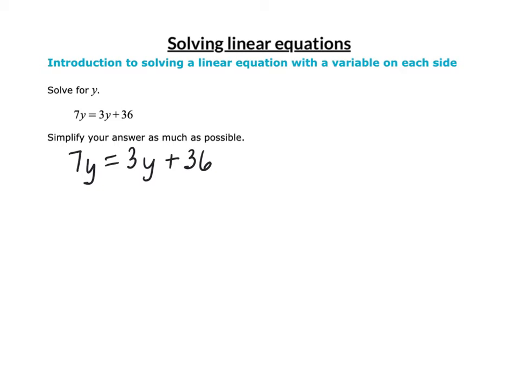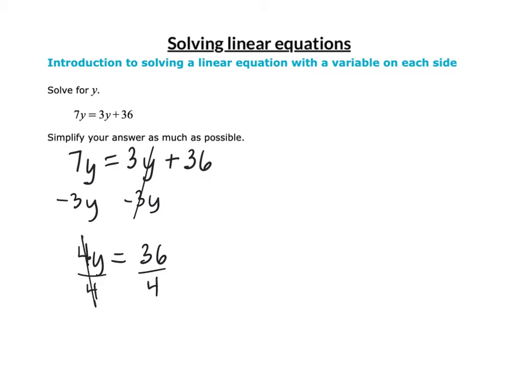Here what I can do is subtract 3y. And the reason that works is 3y minus 3y is 0, it's gone. And notice I'm left with 4y equals 36. I have the variable on one side and the number, the 36, on the other. This means I can eliminate the 4 by just dividing by 4.